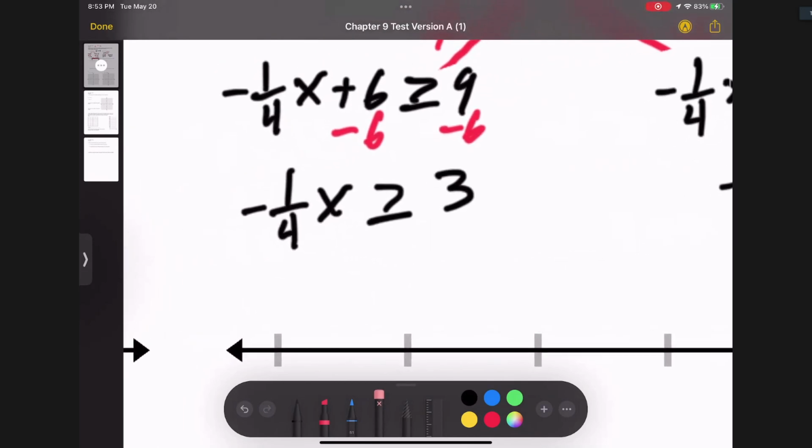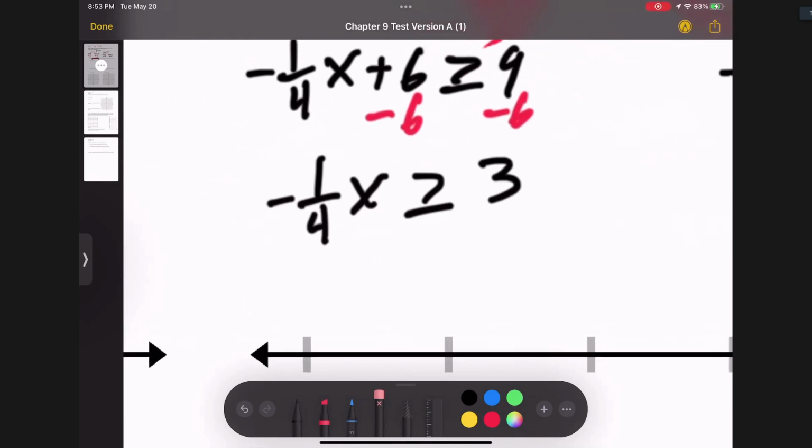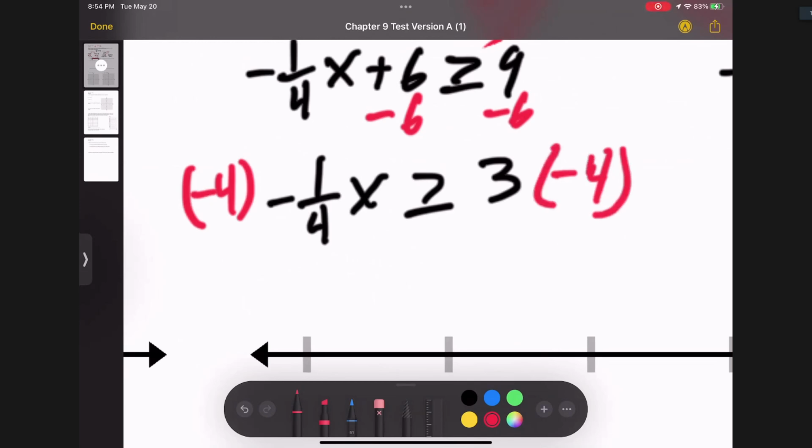Go back to this side over here. The opposite of dividing by a negative 4 or multiplying by a negative 1/4 is actually multiplying by negative 4 on both sides. Negative 4 divided by negative 4 turns into a 1.